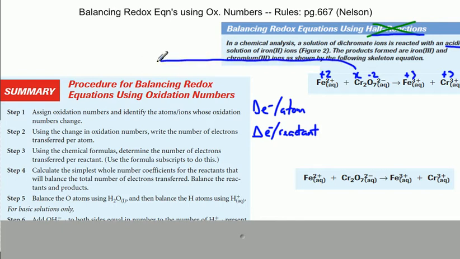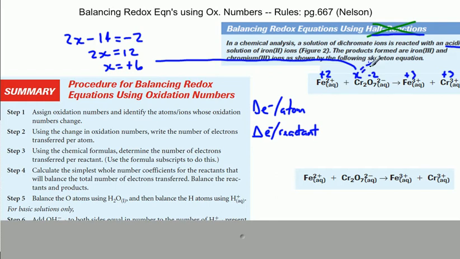And there's 2 chromiums, so 2x - 14 because of the 7 oxygens that are each -2. And all that has to equal -2 because that's the charge on the ion is -2. And so when we do our algebra here, we end up with x being equal to +6.